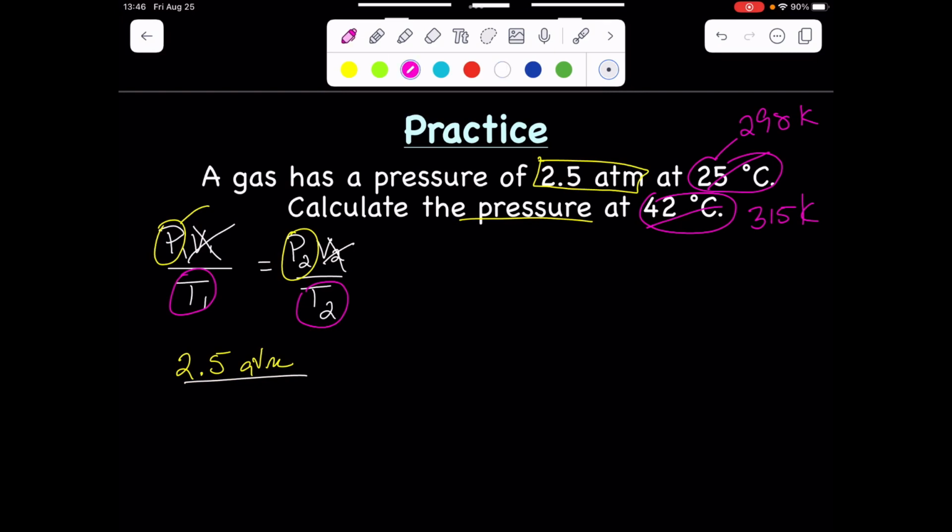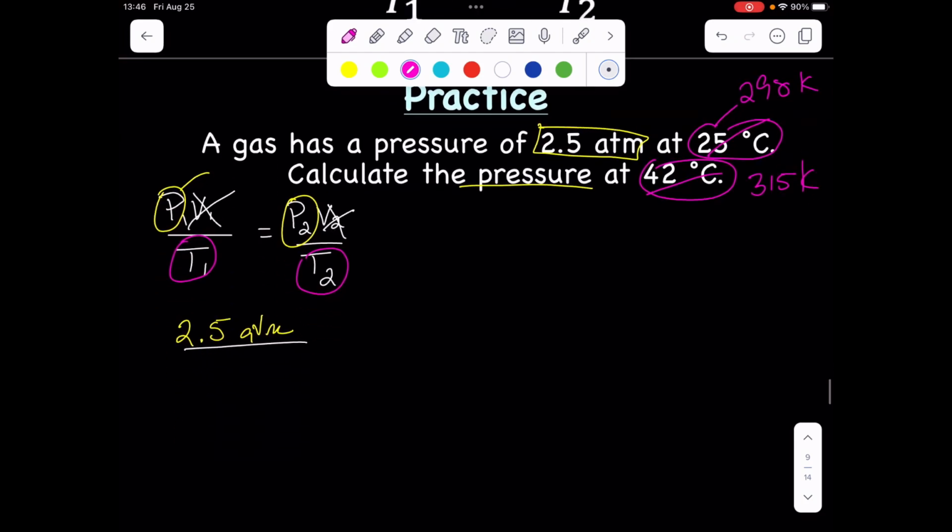And then temperature goes below that, so we're going to use 298 K. And then our second pressure, it says calculate the pressure, so that's what we're trying to solve. Just like in math, when we don't know something, we'll put our X there. And then our second temperature is 315 K.